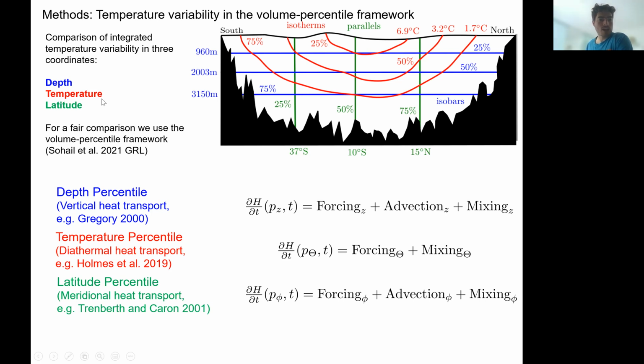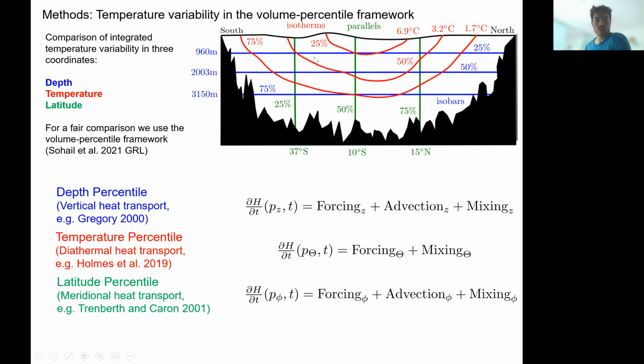To avoid that, we're going to use this volume percentile framework, which was introduced by Taimur and Jan and I in this GRL article in 2021. Basically, instead of considering isotherms, we consider the surface that bounds, say, the warmest 50% of the ocean. The isotherm, or the temperature label associated with that surface, can change in time, but the volume bounded by that surface is constant.